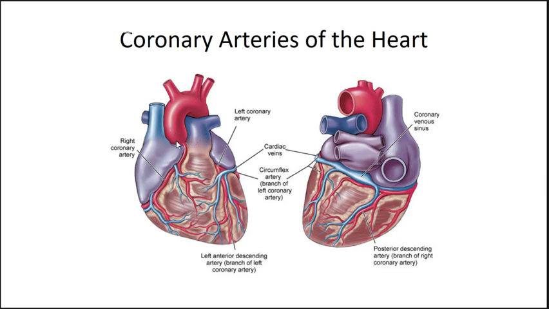So if you look closely, you can see that branching off the aorta is this vessel. And so what happens through a variety of different built-in mechanisms is when the heart pumps blood out of the left ventricle and into the aorta to go to the rest of the body, we steal a little bit of our own blood supply for the heart.